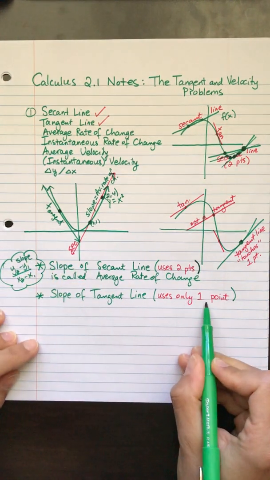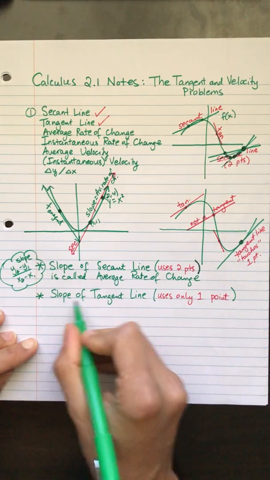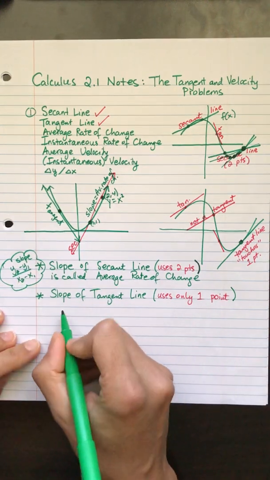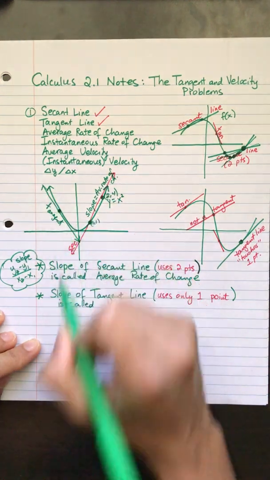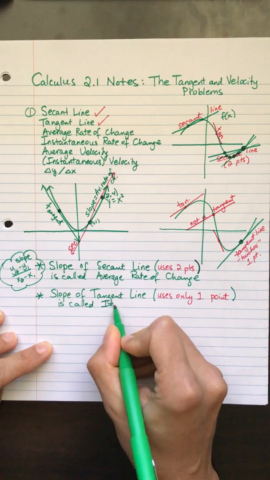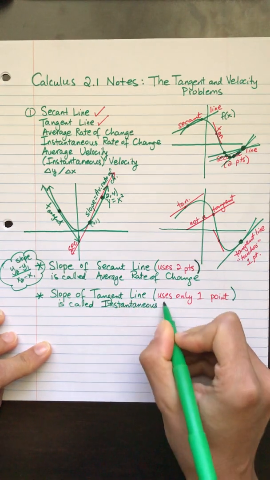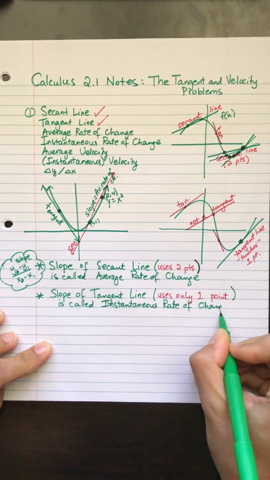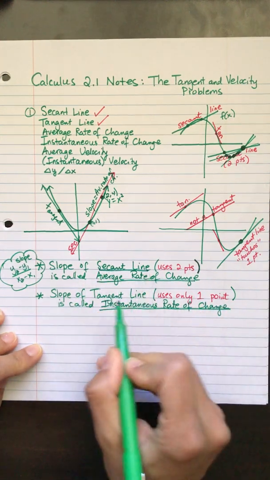But we don't have a y2 minus y1 over x2 minus x1 when there's only 1 point. So I'll show you how to get that, but you can't use this formula. But the slope of any tangent line is called the instantaneous rate of change. Super important words here that we need to know.